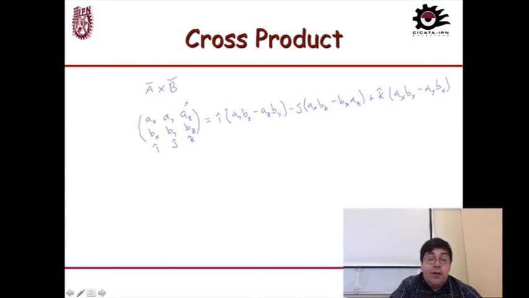So recall, the only thing I did is whenever I want to calculate the i component, I basically eliminate these two, and all I do is multiply these diagonal and then subtract the product of these other diagonal.